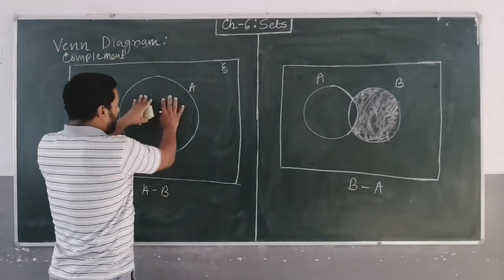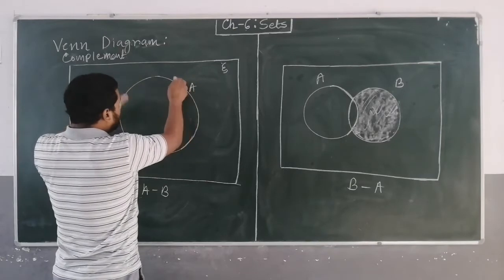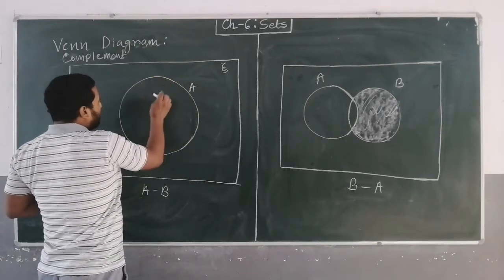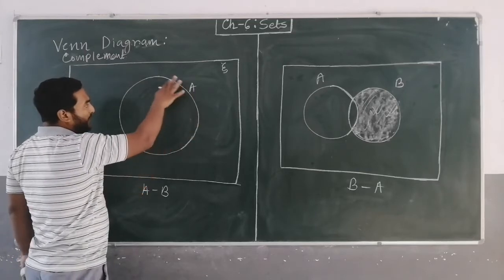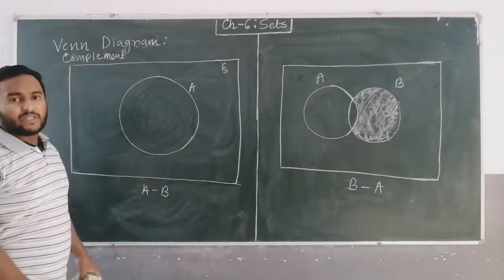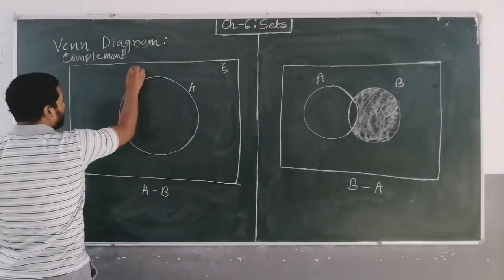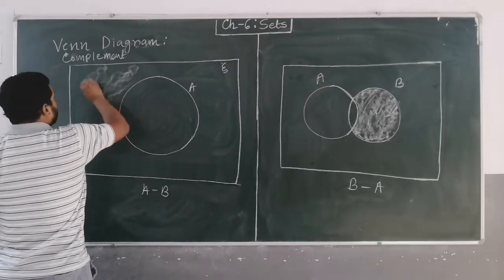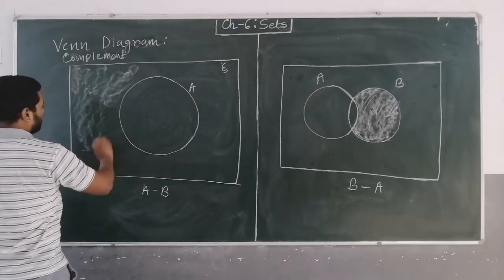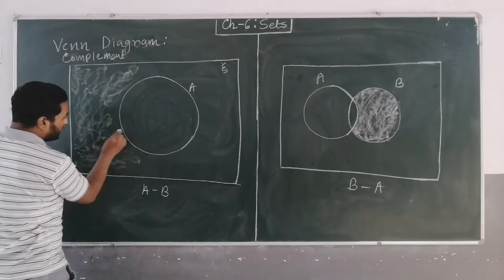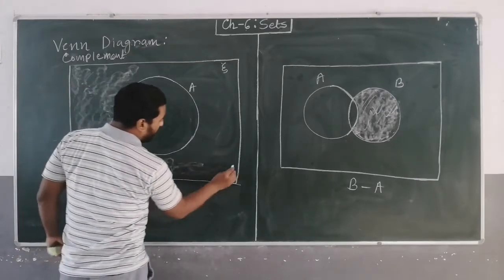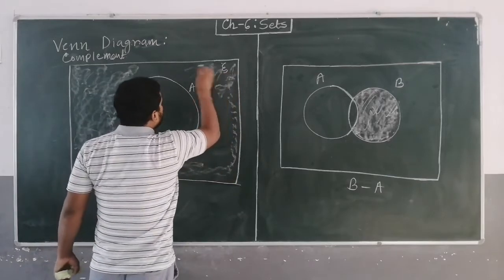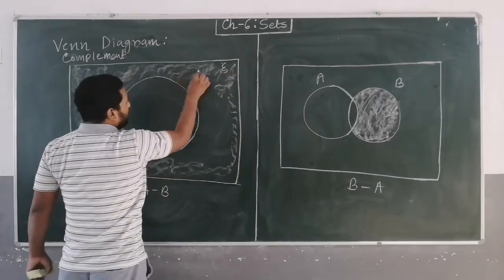So complement of A means the area except this area that is bounded by the set A, that will be the complement. Means this portion except A, all the portion will be shaded. So this is the area that is universal, that is A complement.